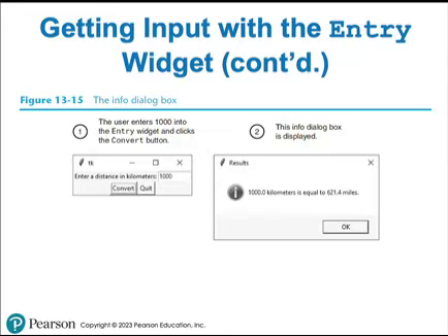So here's an example. Enter the distance in kilometers. Either quit the program or convert that to miles. In this case, they typed in 1,000 in step 1 and then clicked the convert button, and then a dialog box appeared that says 1,000 kilometers is equal to 621.4 miles.